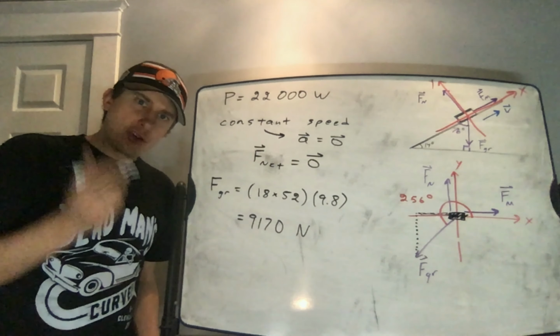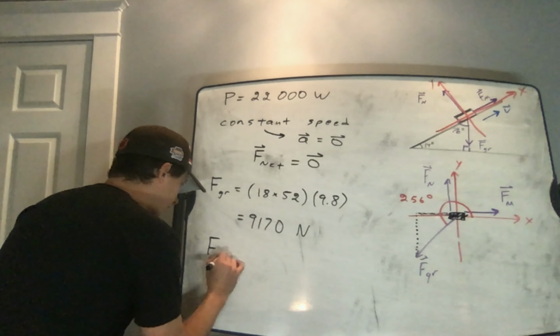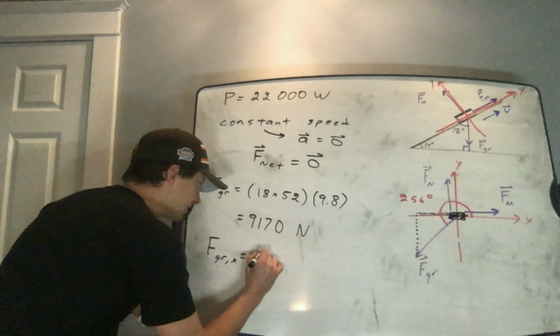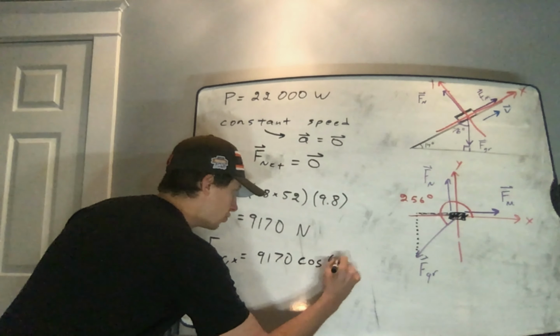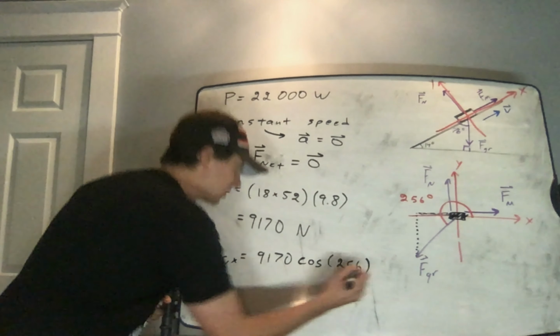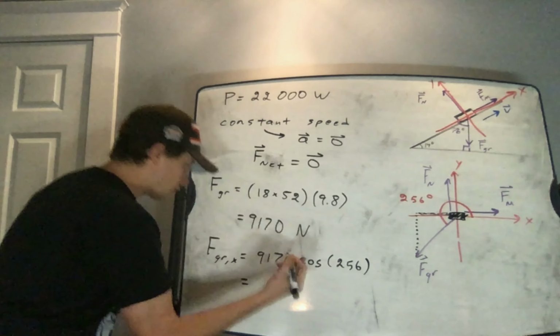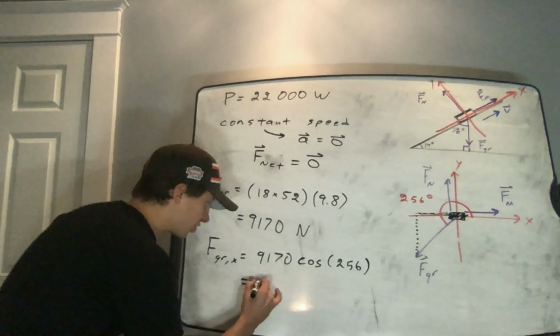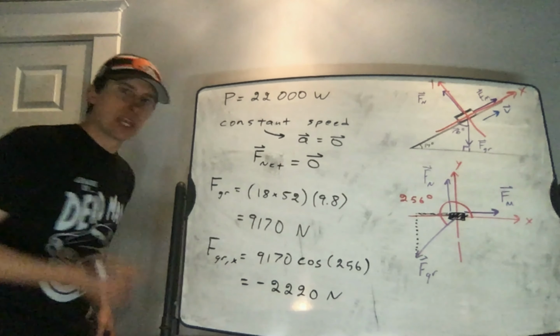This means that I could write the horizontal component of the gravitational force, F grav x, as 9170 cosine of 256 degrees. If I put this number into a calculator, I get the gravitational force in the x direction is negative 2220 newtons.